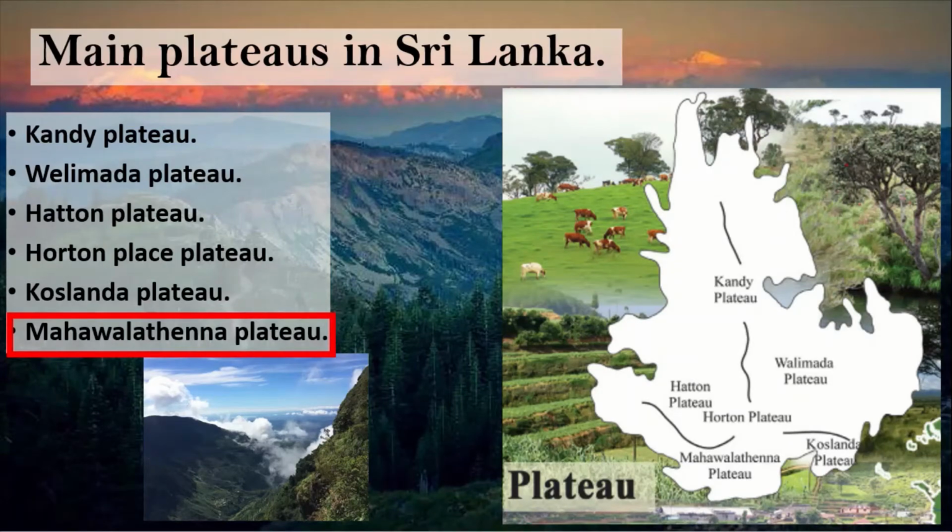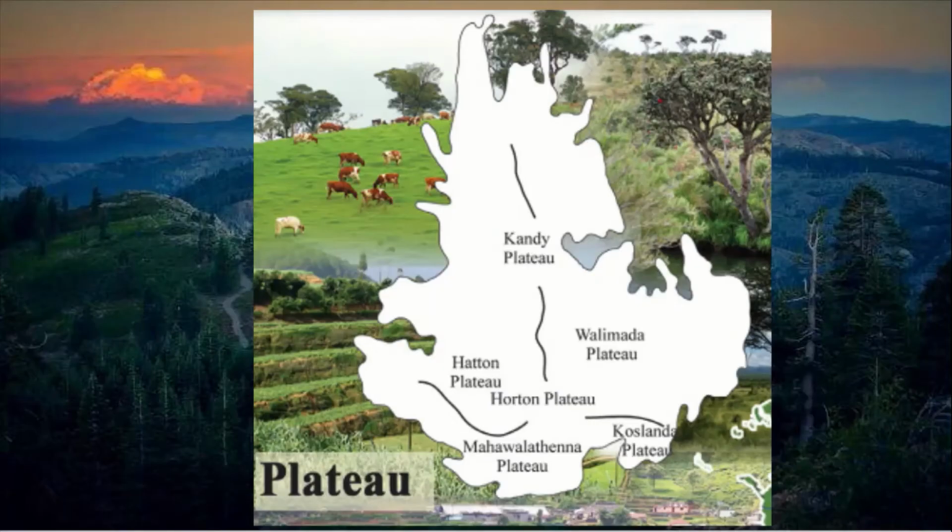Now let's identify these plateaus on a map. Kandy Plateau. You can see here the Welimada Plateau. This is the Hatton Plateau. This one is the Horton Plains Plateau, Koslanda Plateau, and Mahawalatenna Plateau.